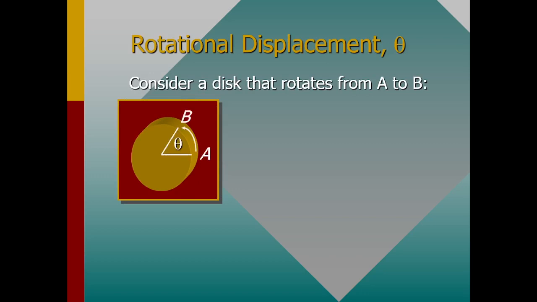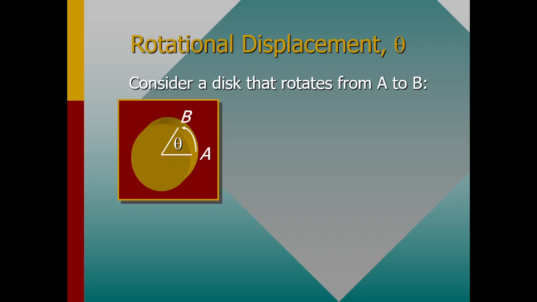If you remember linear motion, we had things like displacement, distance, and velocity. These are the same things we'll be talking about even in circular motion, just a little bit different.